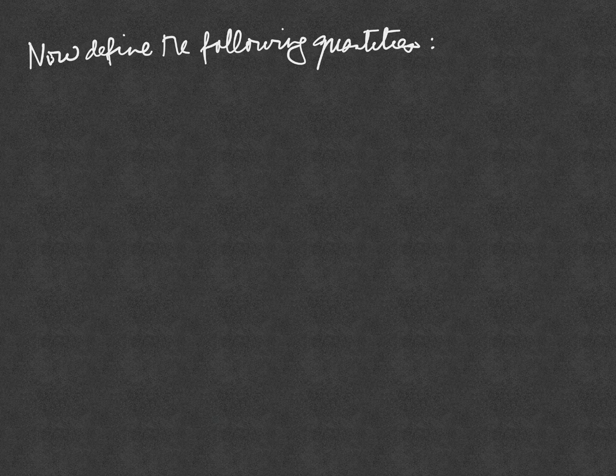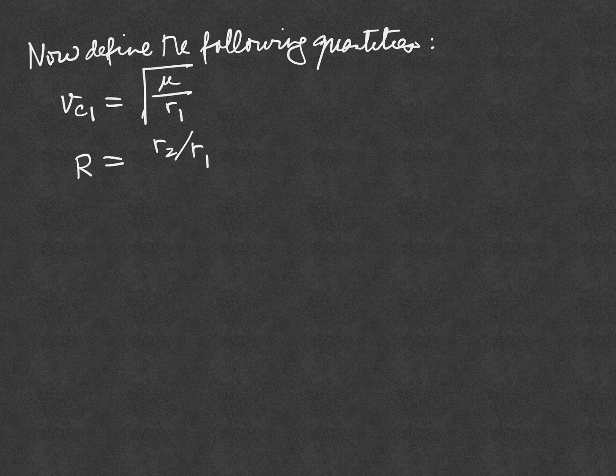VC1 is equal to the square root of mu over R1. R is equal to R2 over R1. And finally, we have a second ratio, S, defined as Ri divided by R2. Now, VC1 is the initial circular speed.